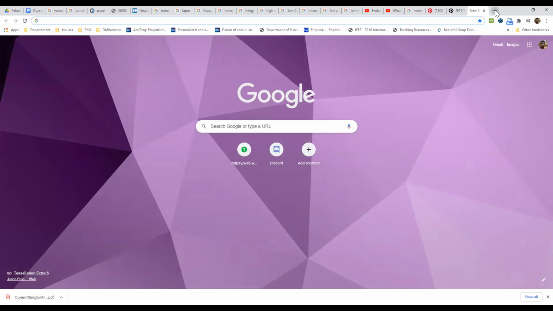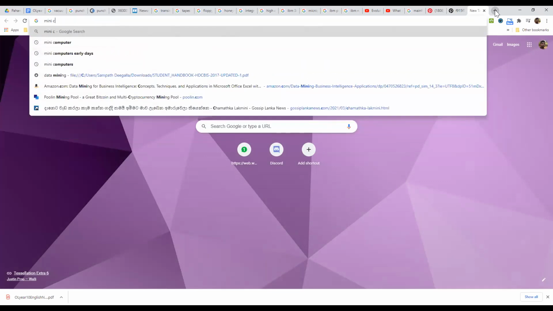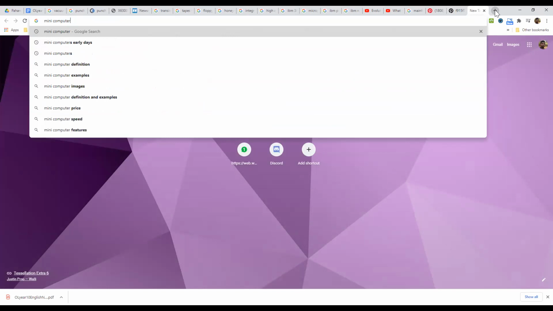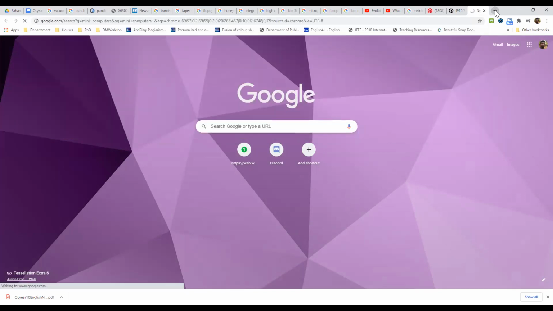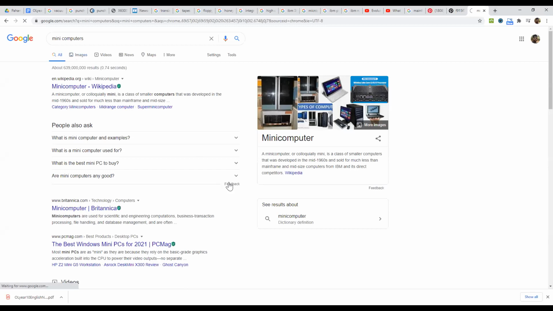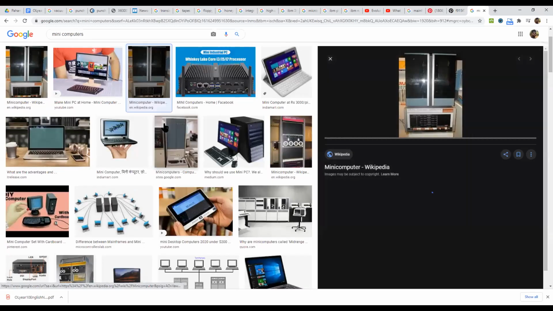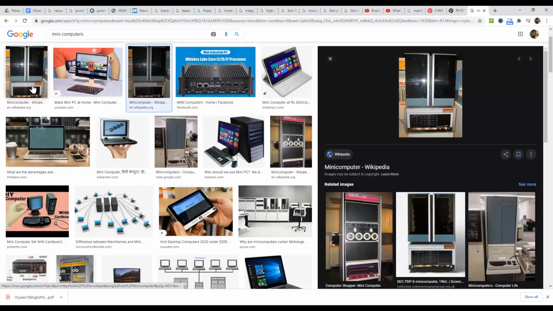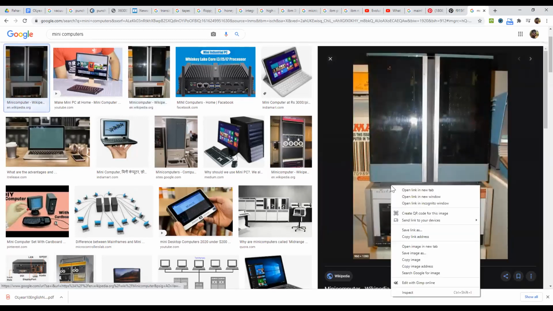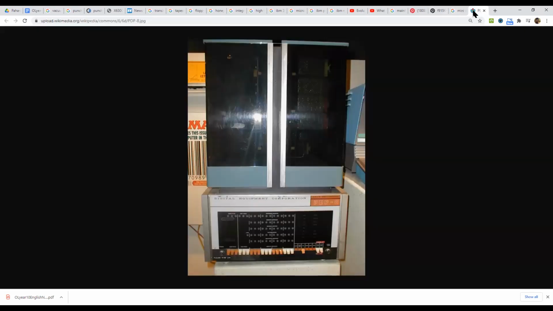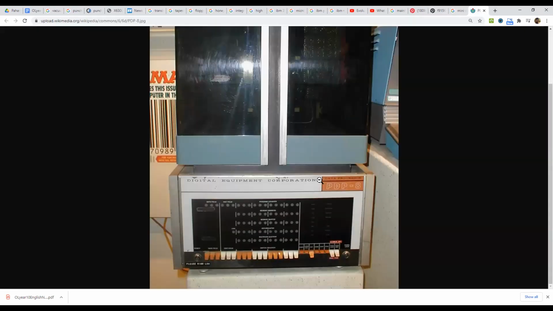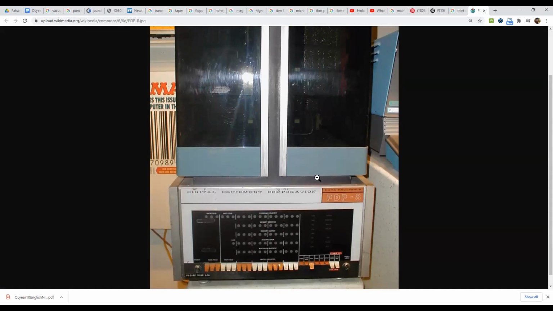And then mini computers. Again, quite old those days. This is one of the mini computers that were used. So this is how it looked earlier.